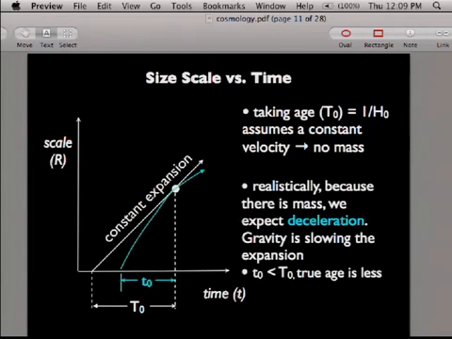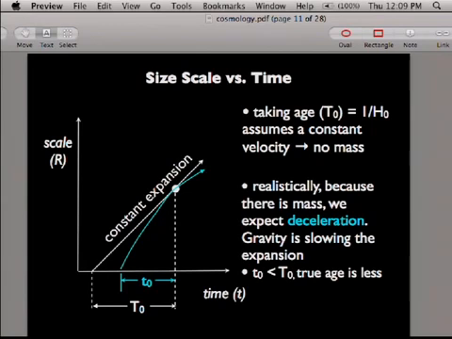It's shorter, because if we have mass inside, then that mass decelerates the expansion. That means we have faster expansion at the beginning. We know what H naught is by measuring today's value, so we need to match this.